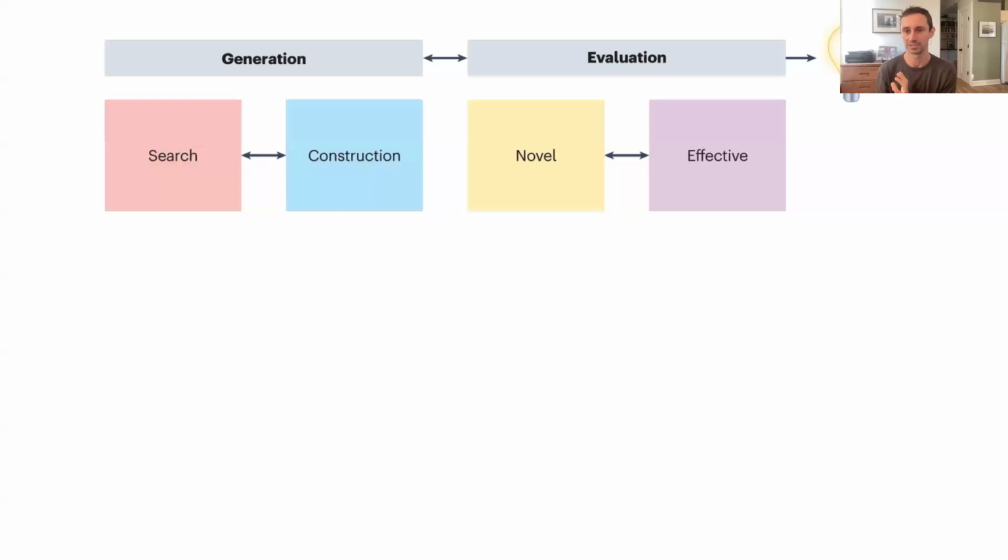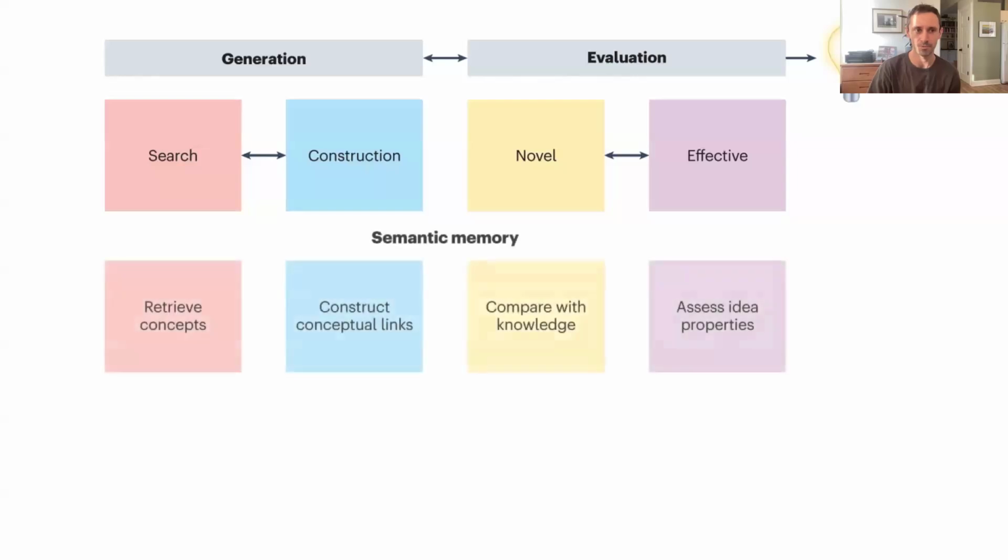And then within the evaluation side, there are two criteria that we use to determine whether or not an idea is creative, those being novelty and effectiveness or utility to solve some problem. I'll also just say that there are other frameworks for creativity, like problem solving. Creativity has the ability to solve problems. In this talk, I'm just going to use this sort of framework because it gives us something to work from.